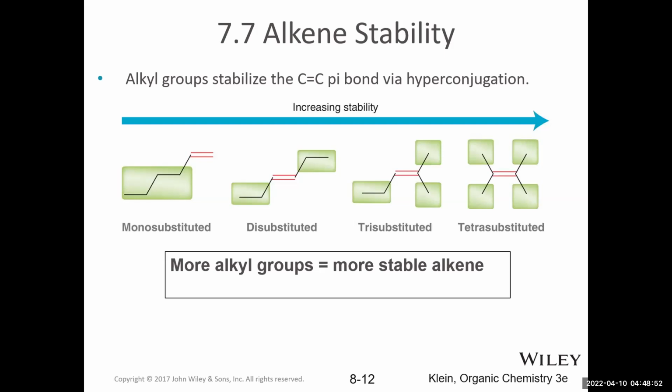There's another thing to consider when we're talking about alkene stability, and that is what effect does additional substitution on the sp2 hybridized carbons have on the stability of the alkene overall. And what we find, and again, you can measure this through, for example, heat of combustion studies, since these are all constitutional isomers, is that increased substitution increases stability.